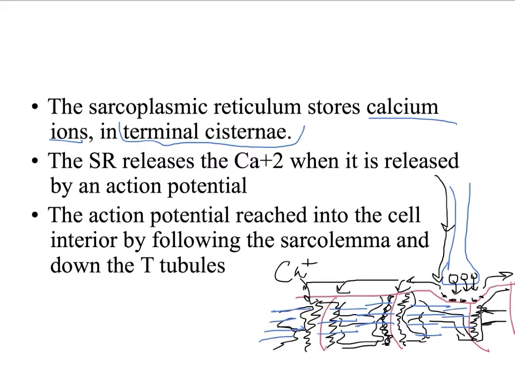And what's going to happen now is you're going to have this sarcolemma contract and shorten. And we'll talk about how the calcium does that in just a moment. But understand the action potential is coming down the axon and being carried through the sarcolemma, down through the T-tubules, and is causing contraction of the sarcolemma.